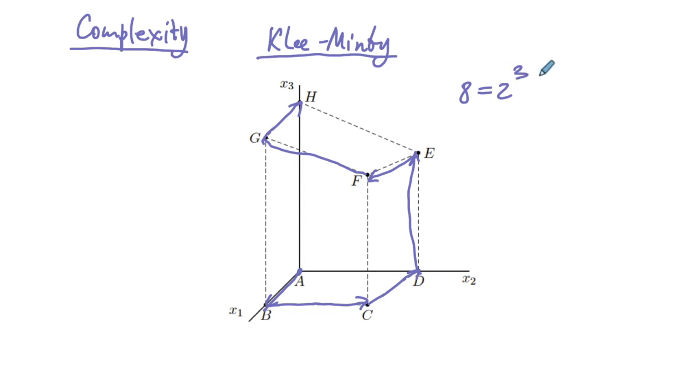In general, the Klee-Minty example can be considered in n-dimensional space, and then you will have 2 to the power n extreme points, and you are going to visit every single one of them just like it is done in the 3-dimensional case.